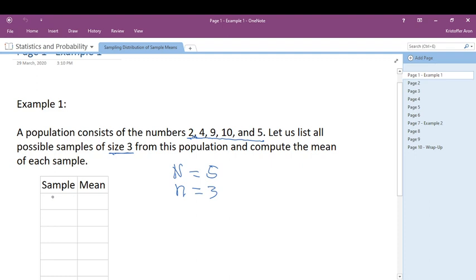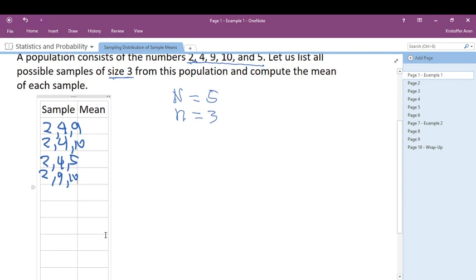So the first one is we can have 2, 4, 9; 2, 4, 10; 2, 4, 5; 2, 9, 10.